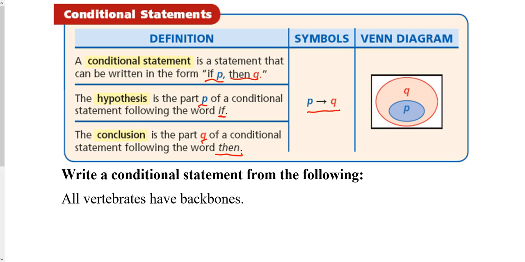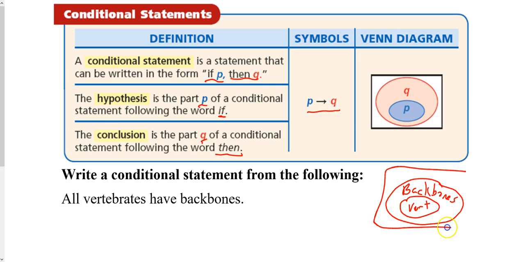So here at the bottom, write a conditional statement from the following. All vertebrates have backbones. So every single vertebrate has a backbone. So vertebrates would be the small circle. Backbones is the outer circle.